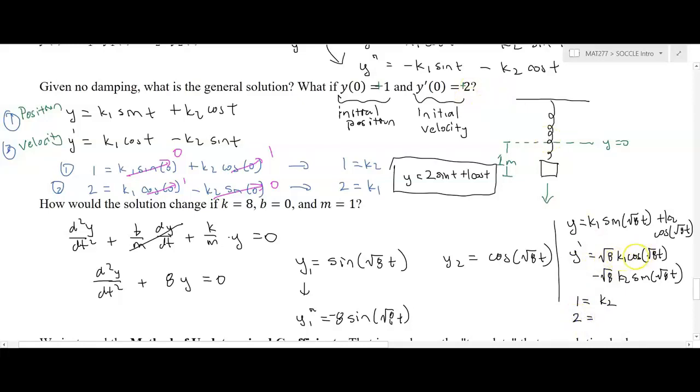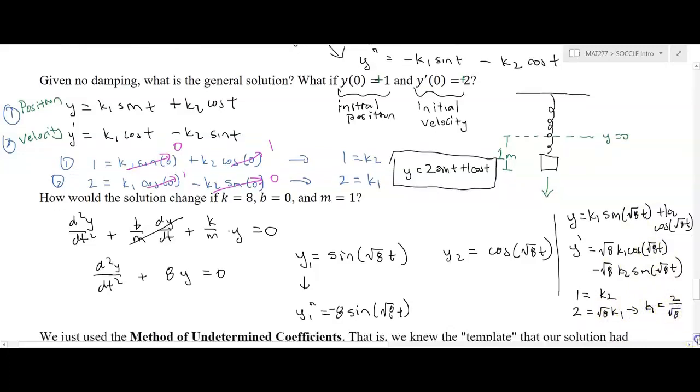Square root of 8 k1 cosine of 0 is 1, so square root of 8 k1 times 1, which is just square root of 8 k1, minus, this is going to be 0 because sine of 0 is 0, and so this leads to giving me a k1 of 2 over the square root of 8.